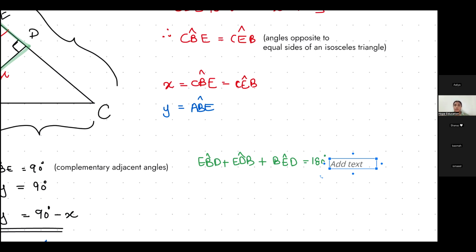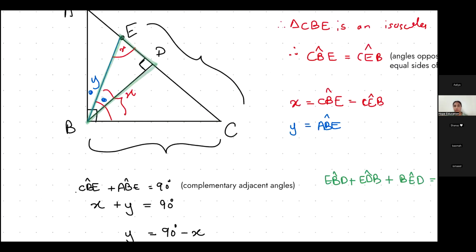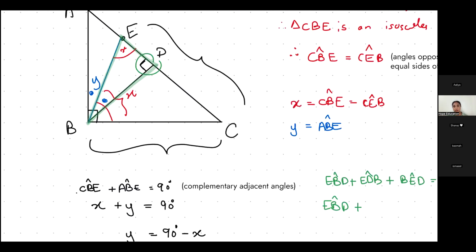So here, sum of interior angles of a triangle. EBD plus EDB. EDB is 90 degrees.